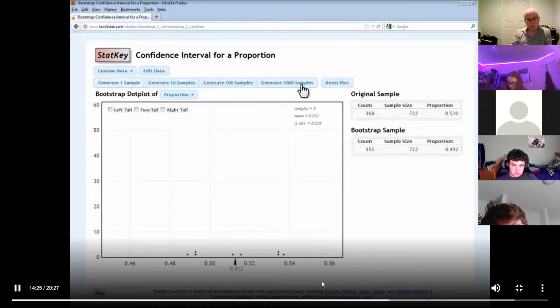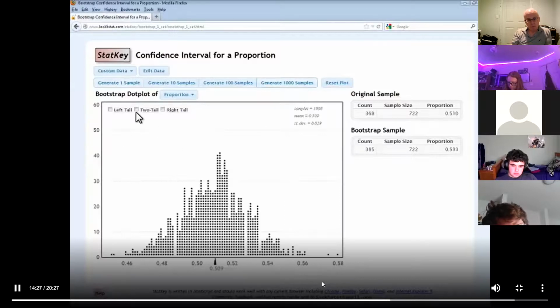We can generate 1,000, and we can use either the standard error there or the 95%, and we get 0.472 to 0.546 as a 95% confidence interval for the proportion who plan to vote for Obama in October of 2012.